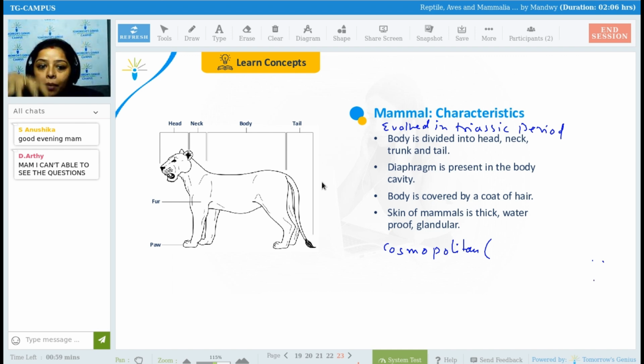So the city is a mixture of different communities, plus the city is highly developed. For these two things we use the single term cosmopolitan. Clear? The same way, mammals are seen throughout the world and are highly developed, so the members of this class are cosmopolitan.